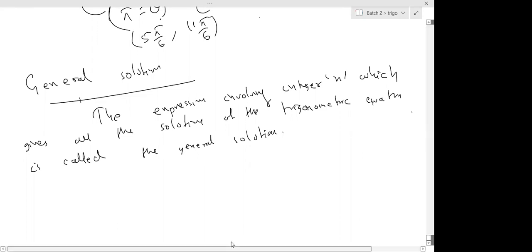All right, note it down. Sir, what is written after? The expression involving integer n, which gives all the solutions of the trigonometric equation, is called the general solution.